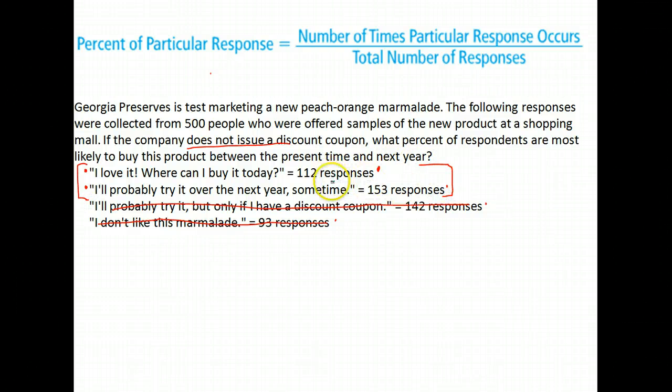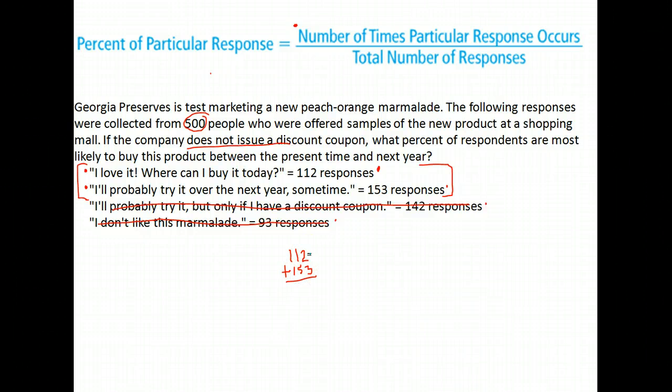Okay, the people who will probably try it in the next year. So how many people is that? Because what we need for our percent is to take the number of times that occurred, how many people liked it and were going to buy it in the next year, divided by the total number of responses, which they told us was 500. So let's add those together. We had 112 who absolutely loved it and are definitely going to buy it today.